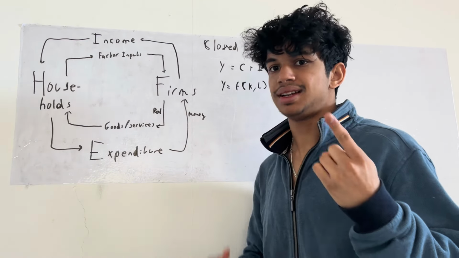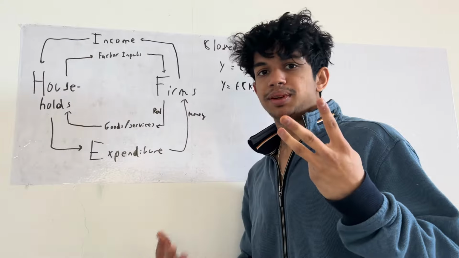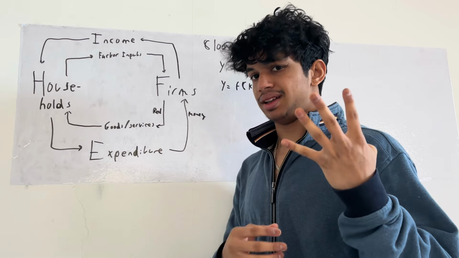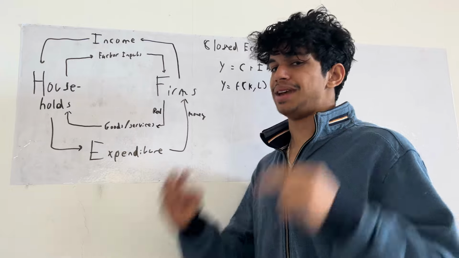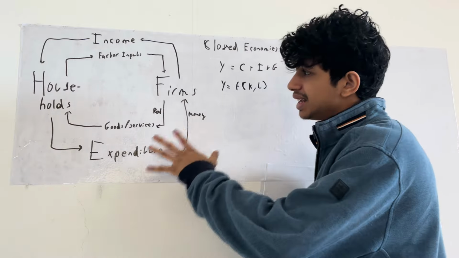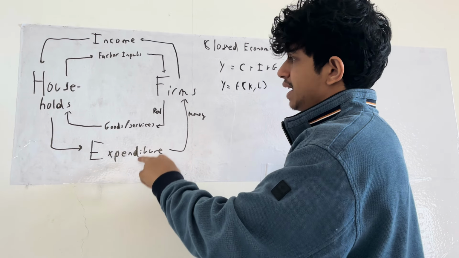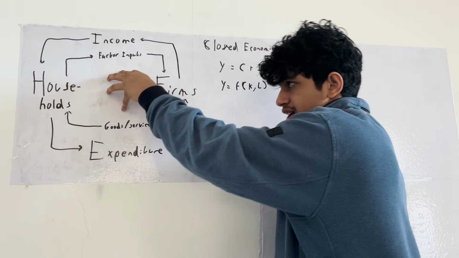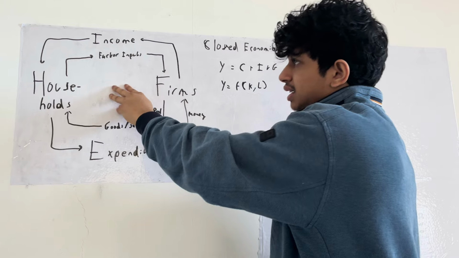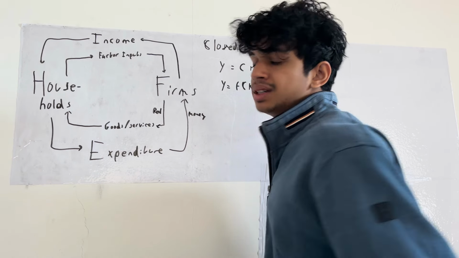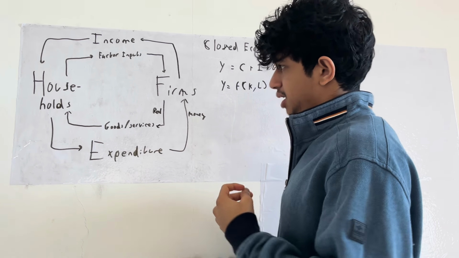Land gets rent, labor gets wage, capital gets interest, while enterprise, profit, baby. So now, as you can see, the income and expenditure are stuck within the economy, and it flows. The real flow and the money flow both are very important to this economy.